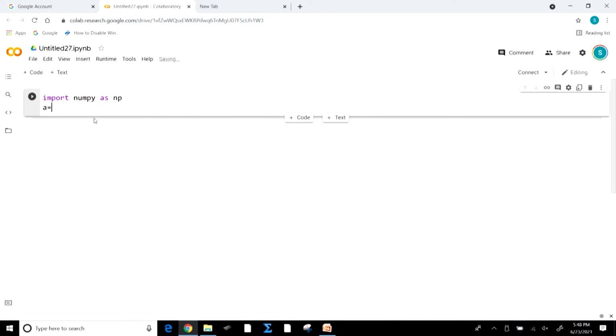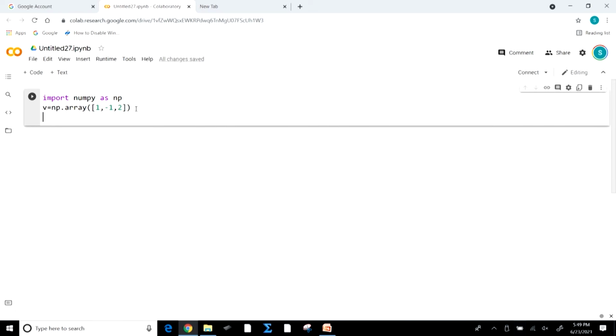So, how to define a vector? I am defining a vector, let us say V equals np.array; vectors are one dimensional arrays. I am taking the vector (1, -1, 2). I am taking another vector W equals np.array (2, 5, 2).